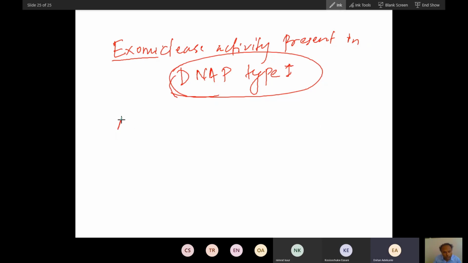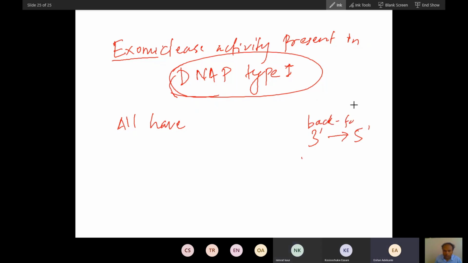All DNA polymerases have one type of exonuclease activity, the 3' to 5' exonuclease activity. But this type 1 DNA polymerase has another type of exonuclease activity in addition to the 3' to 5'.